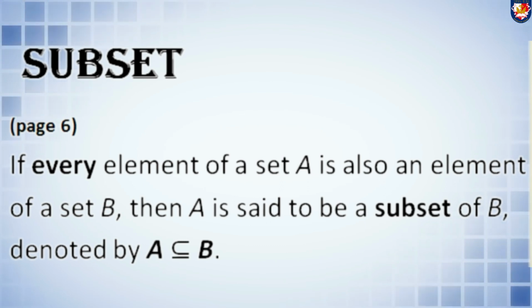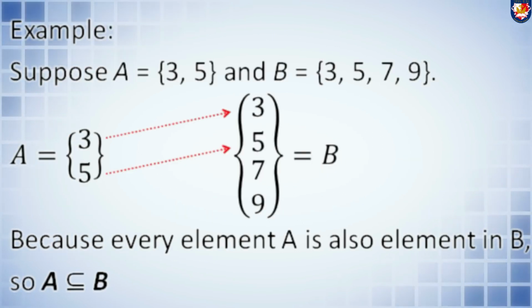Like the example, suppose A is 3 and 5, and B has elements 3, 5, 7, and 9. As you can see, every element in A is also an element of B, as in this picture. So A is inside B, and that's what we call A is a subset of B.